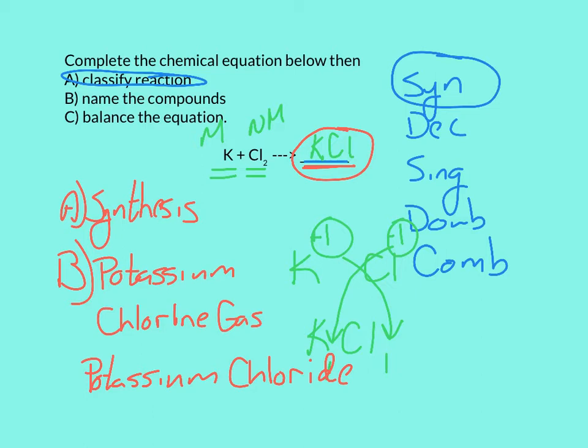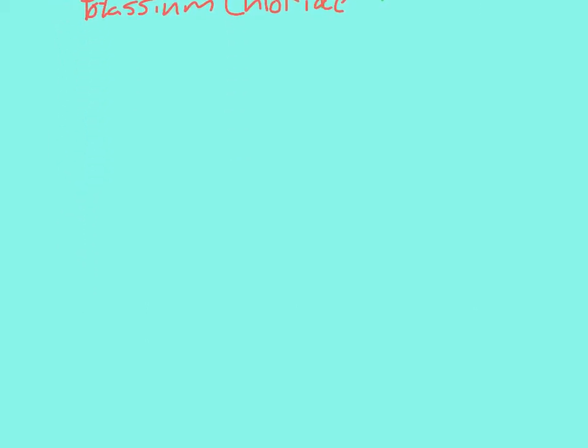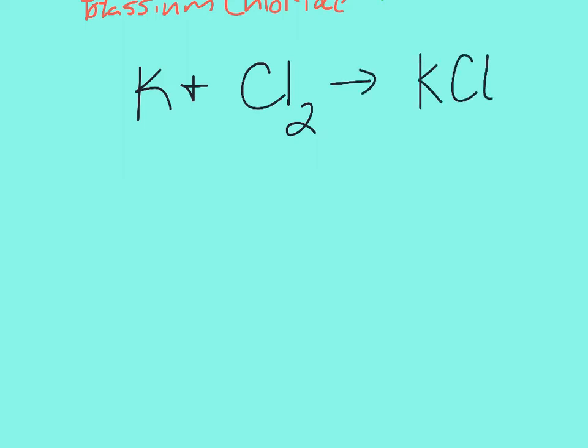Now we have one more part of this, so I'm going to just slide this whole thing up. And I'm going to rewrite, just so we didn't forget. We had K plus Cl2, it comes as chlorine gas, and then we had KCl, our potassium chloride. And we were asked to balance this equation. So I'm going to balance this equation, and that's about counting.